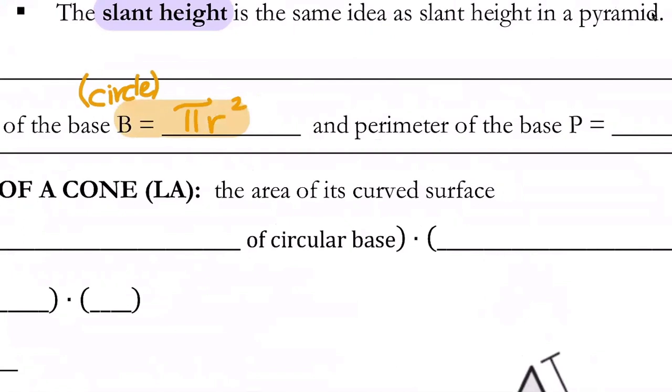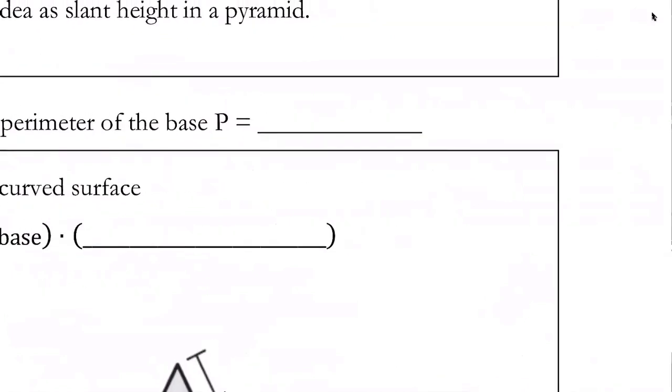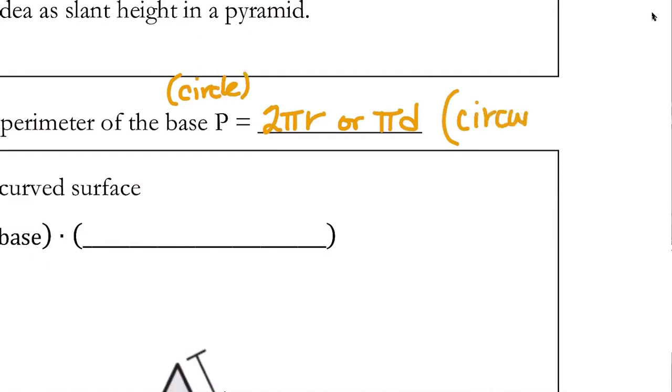And then the perimeter of the base, again, it's a circle, so the perimeter of the base is 2 pi r or pi d. Perimeter is the same thing as circumference when you're talking about a circle.